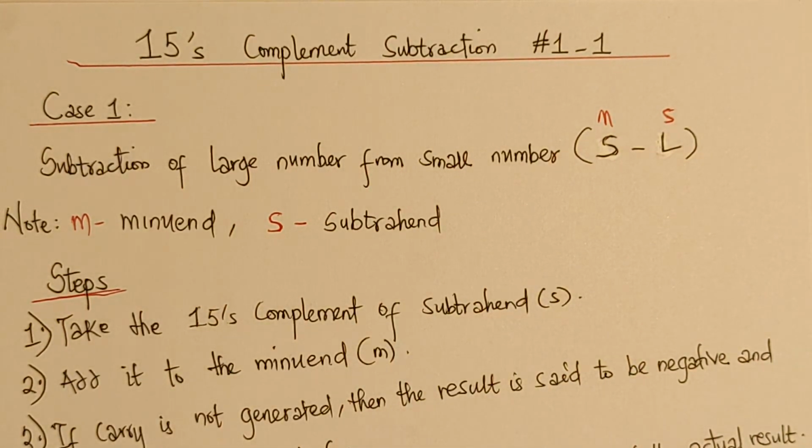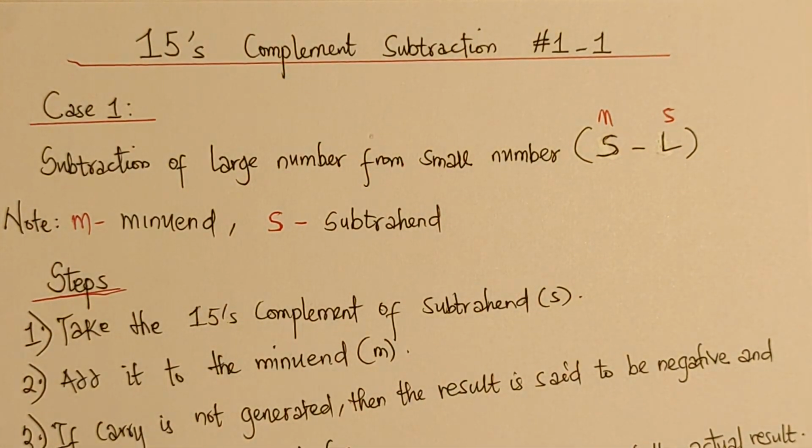Before we proceed with the 15th complement subtraction, it's very important for you to know the steps. Without the steps, you become confused about what to do to get an answer to a given question. So let's quickly go through the steps. It's just 4 steps and very simple.